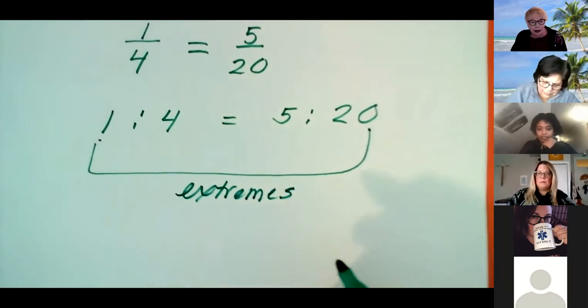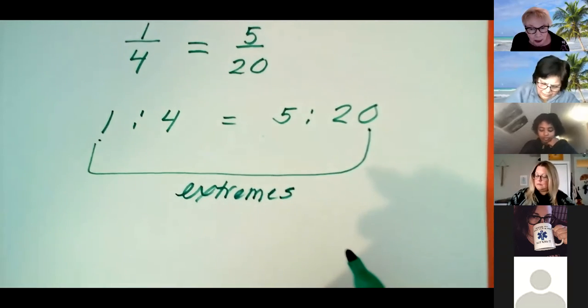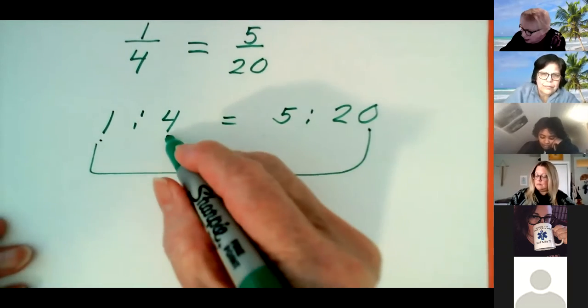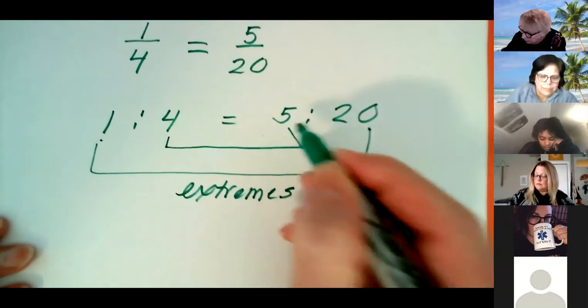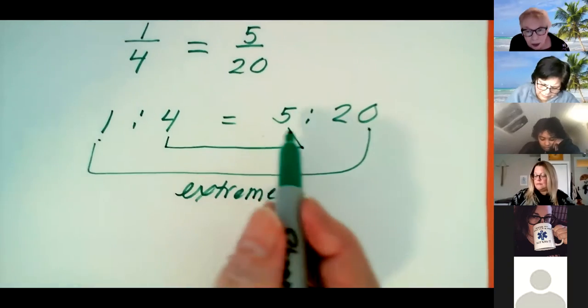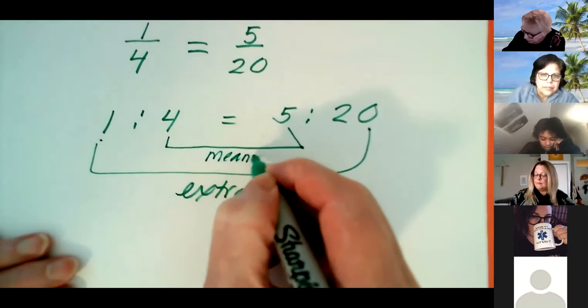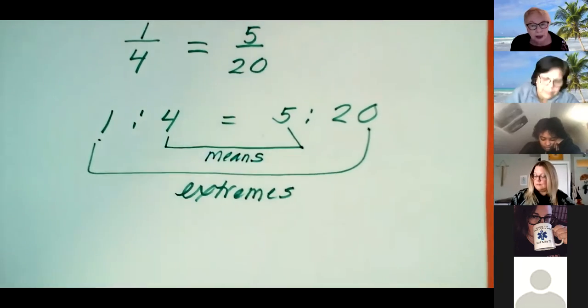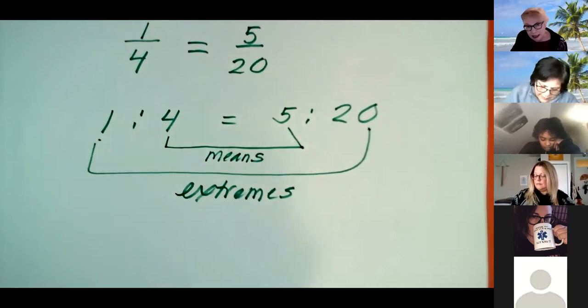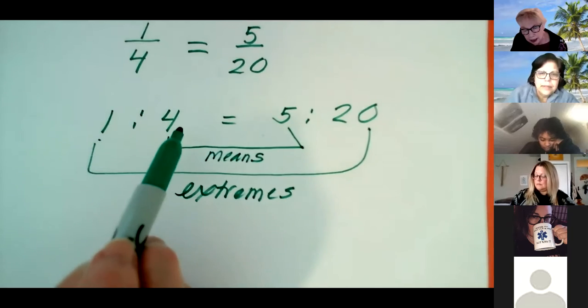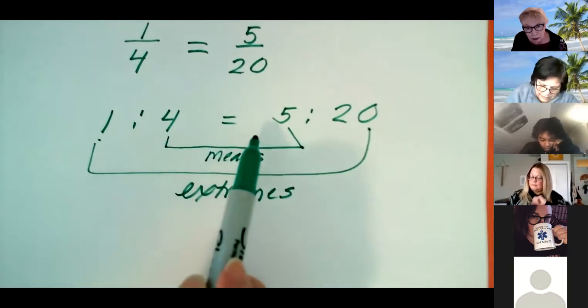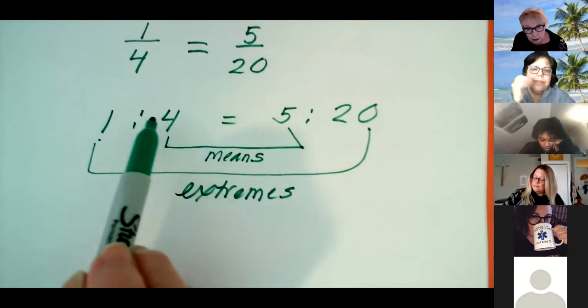This is old language. They don't teach this so much anymore. These two in the middle are called the means. And it's easier to spot when you write it like that because you can see the middle numbers.